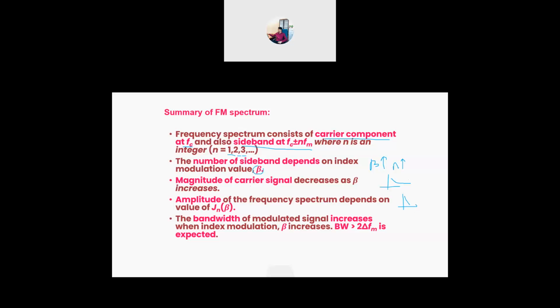The magnitude of the carrier signal decreases as beta increases. As beta is increased, the magnitude of the carrier signal EC decreases, inversely. The amplitude of the frequency spectrum depends on the value of Jn beta.